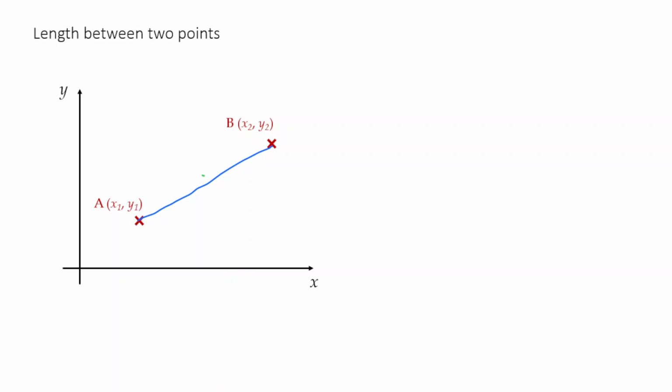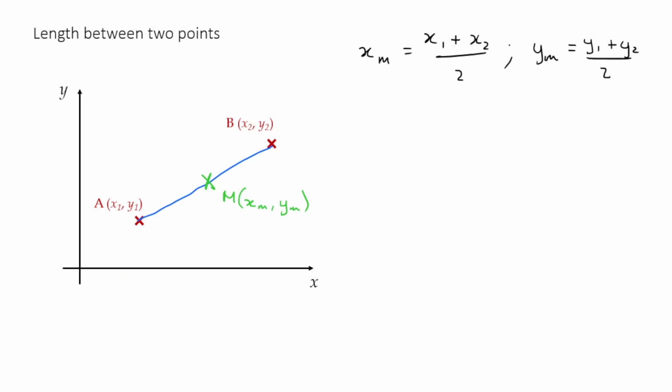We want to find this midpoint M, which we will say has coordinates xm and ym. The formula is that the x value of the midpoint is equal to x1 plus x2 over 2, and the y value of the midpoint is equal to y1 plus y2 divided by 2.